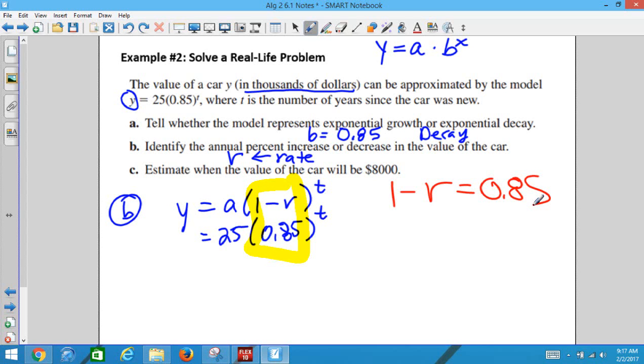How do we find it? Or do you have the answer? You subtract 1. Okay, if I subtract 1, I get negative R equals negative 0.15. That's not what I do, but you could multiply both sides by negative 1, or divide both sides by negative 1.